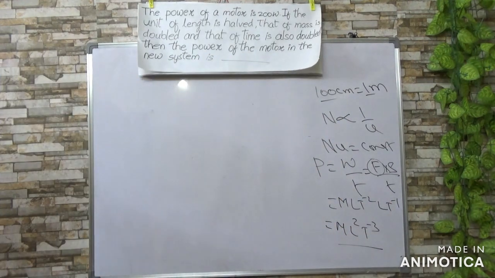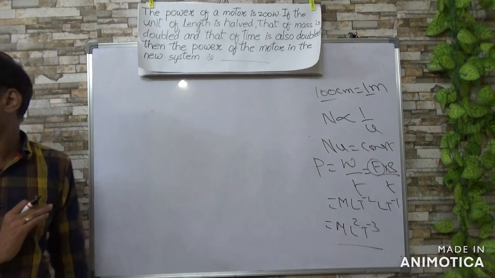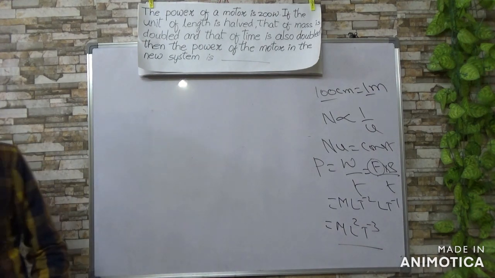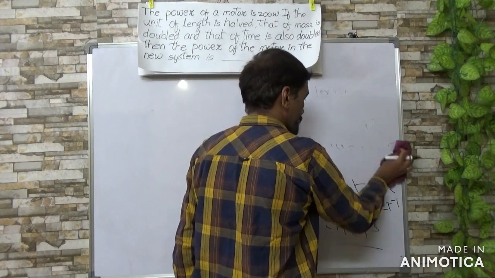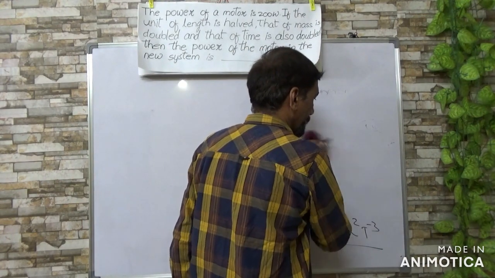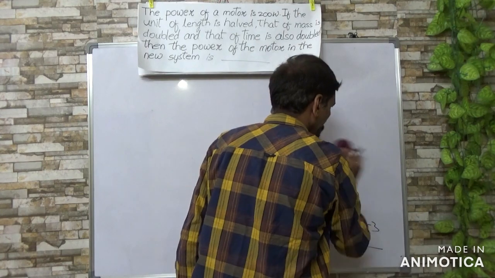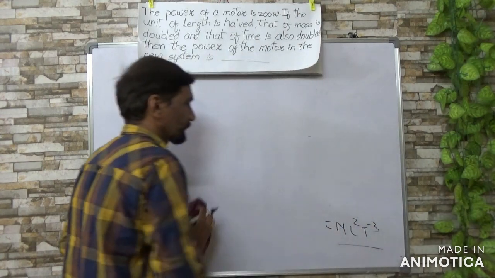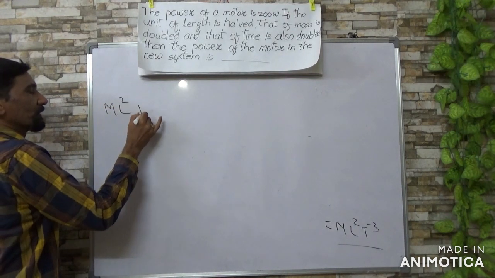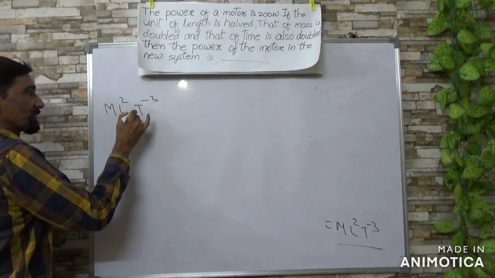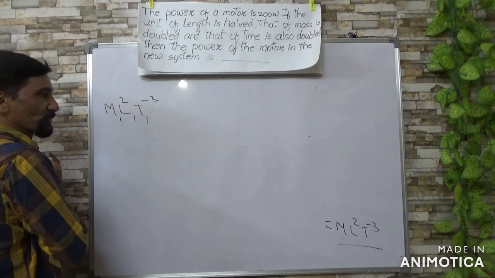That is the dimensional formula for power. If you know this, you can easily solve the problem. So ML square T power minus 3 in one system.